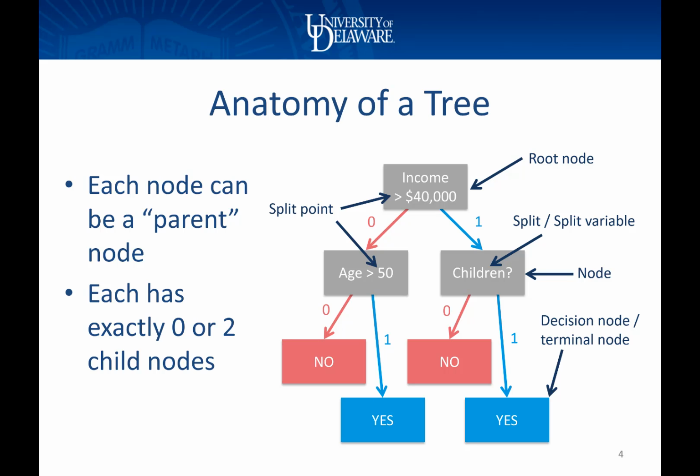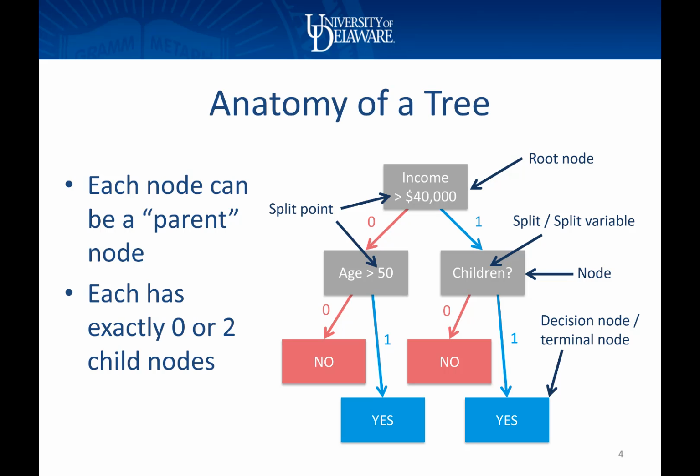So we split on the variable income at the location of $40,000. If a particular person makes more than $40,000, we would call that a yes. If they make less than $40,000, we would call it a no. And that person will get categorized into two different locations if he or she satisfies one of those two things.